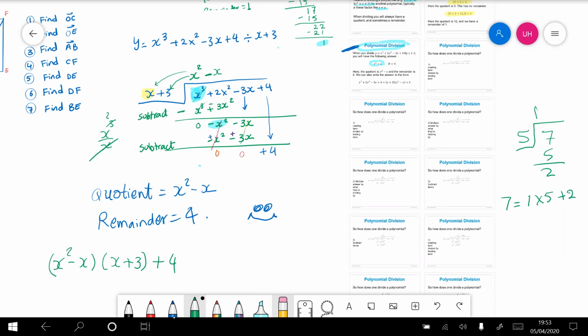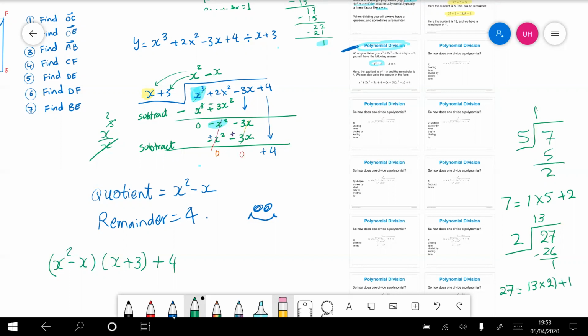Same thing. Or for another example, let's say 27 divided by 2. It's going to be 13 and the remainder will be 1. So we can write 27 as 13, the quotient, times the 2, which is the number we divided by, plus 1.